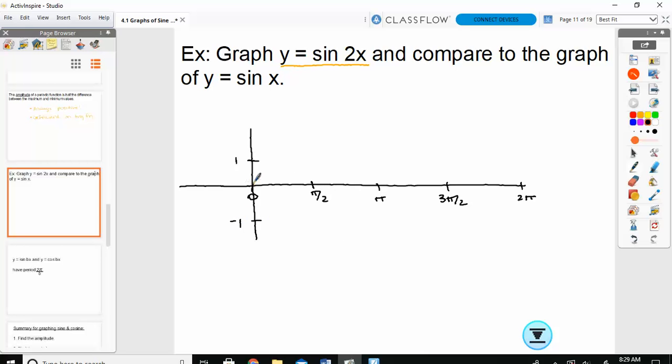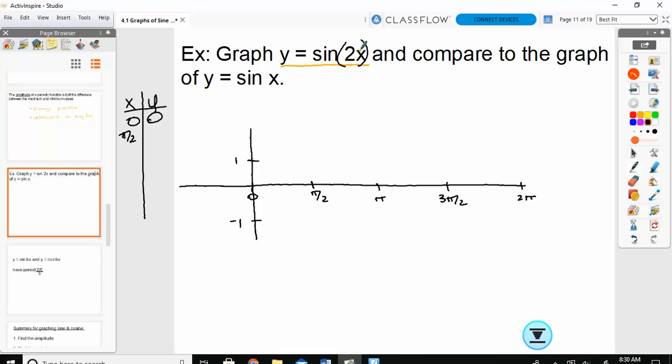If I put in a 0, 2 times 0 is 0, sine of 0 is 0. If I plug in pi over 2, 2 times pi over 2 is pi.